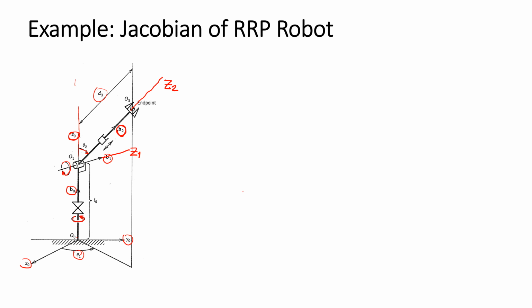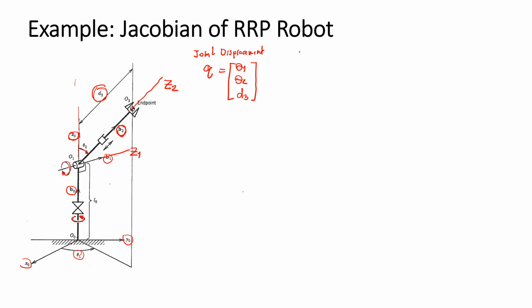So let's check the joint displacement vector. We have joint variable theta 1, joint variable theta 2, and the joint offset that drives the prismatic joint, d3.